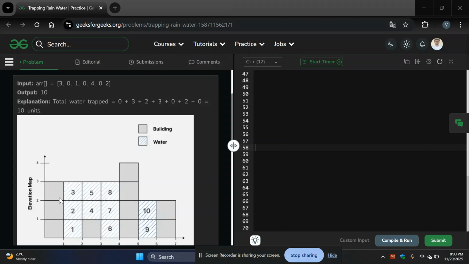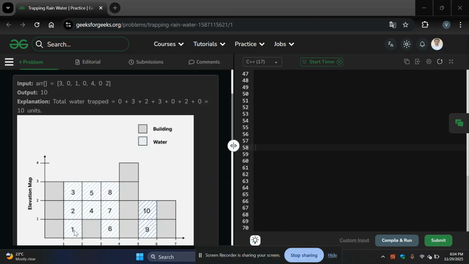And we have to find the water which is stored, or which will automatically get stored, in between these buildings. So the first simple logic is that the minimum height of the building from the right side or left side, that amount of water will be stored, and this is the height, and then the width, how much width there is.